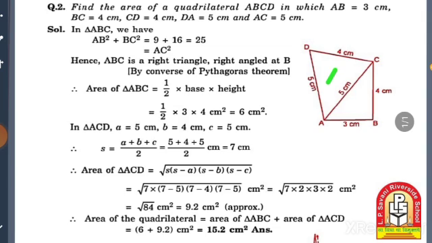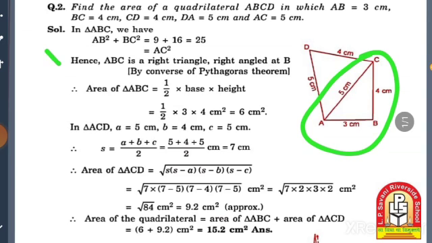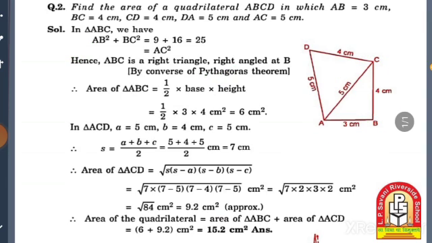So 5 square is 25. So here triangle ABC is a right angle triangle, right angle at point B.